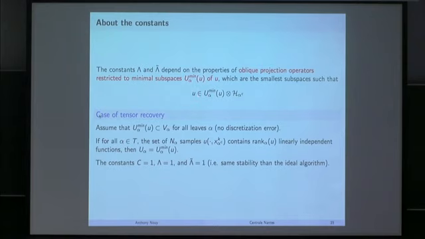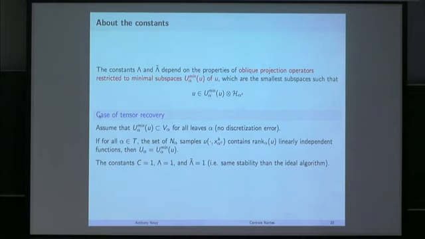This is a concept that had been introduced by Hackbusch. You can see these subspaces as the smallest subspaces required to represent the function you try to approximate. The nice behavior of the algorithm is due to the fact that for most of the functions I consider here, the minimal subspaces are quite nice, so that the interpolation operators or oblique projection operators I use have very nice properties on these subspaces.